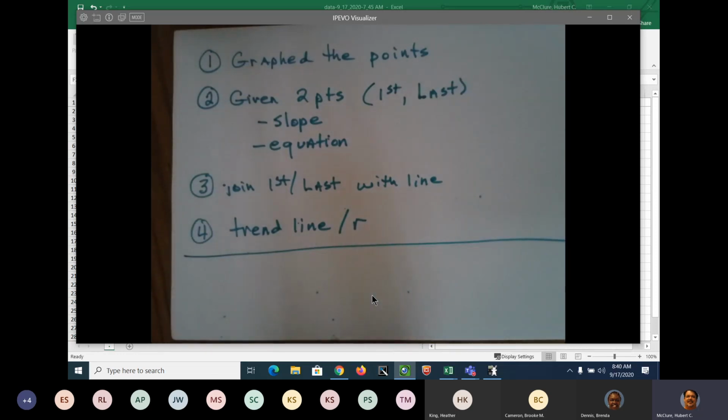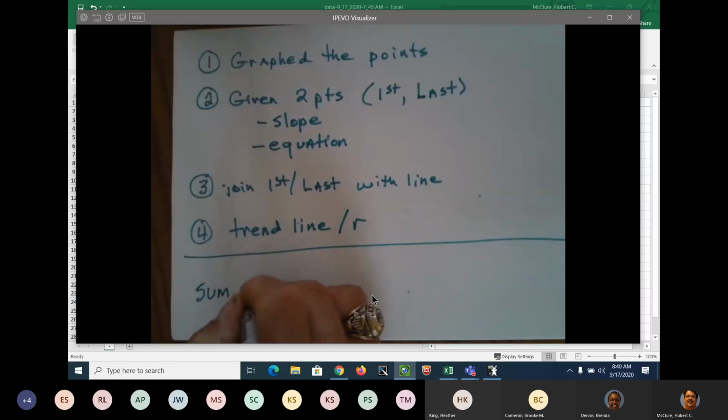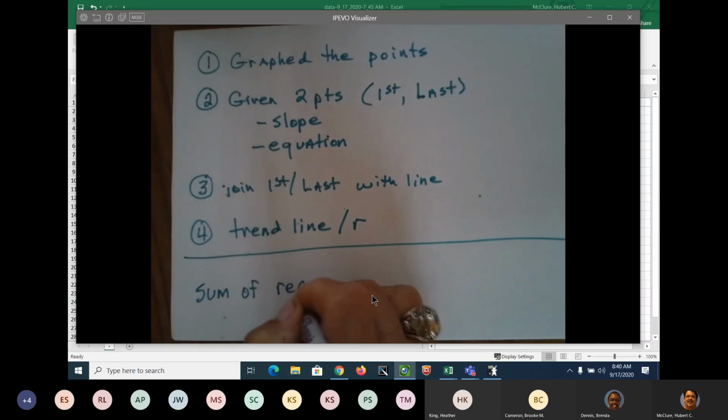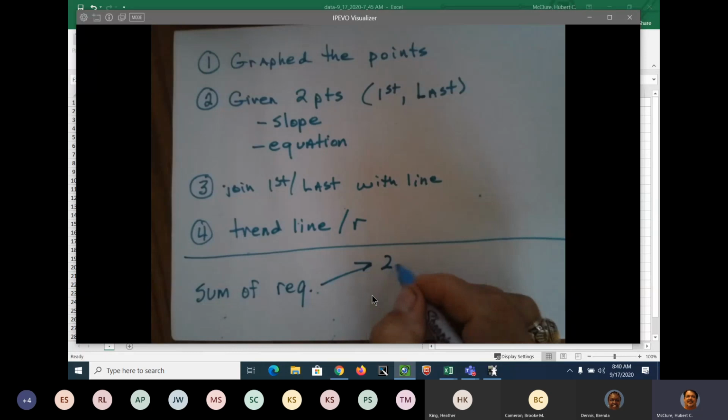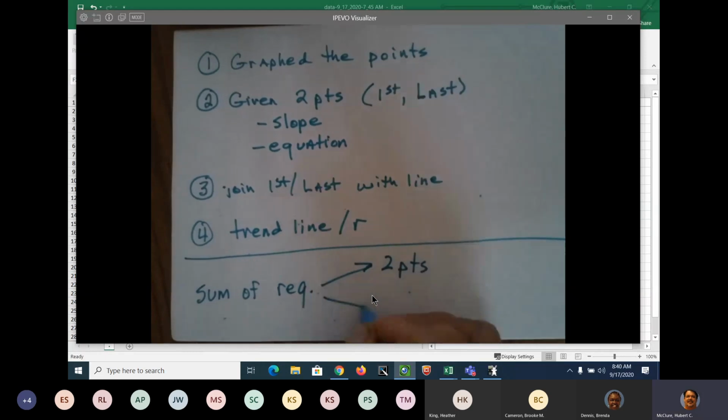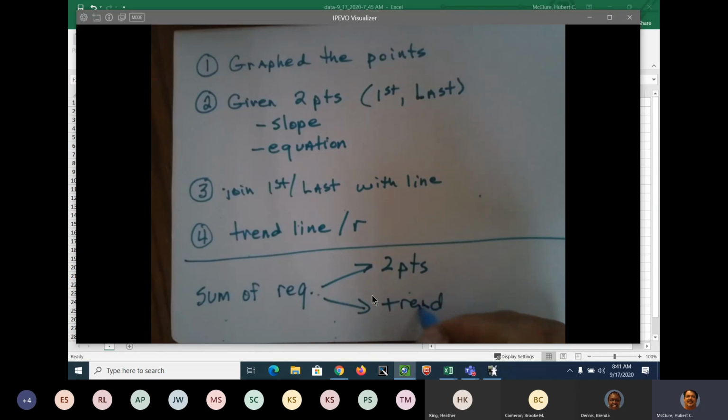You've got to find what's called the sum of regression. You've got to find it for your 2 points, and you've got to find it for the trend line in this homework question.